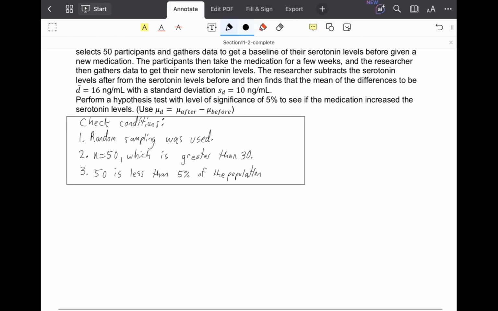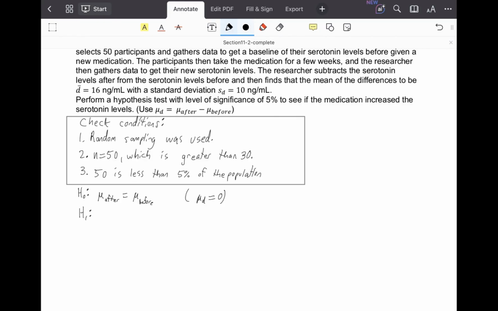Okay, now our null hypothesis, I'm just going to write it this way, mu after equals mu before. Sometimes you would see it written another way, just mu d equals 0.